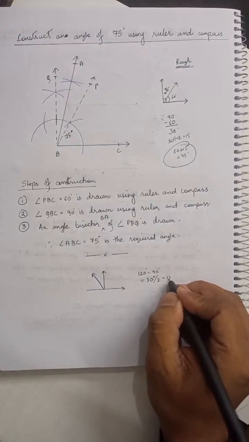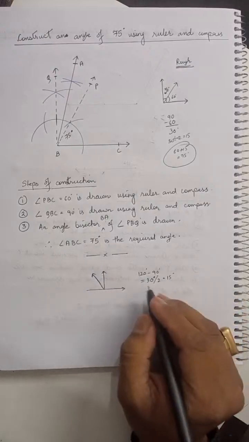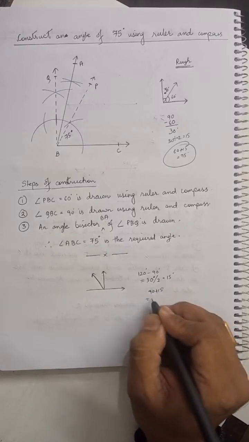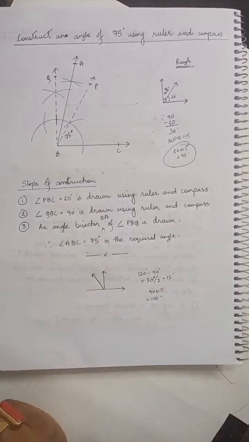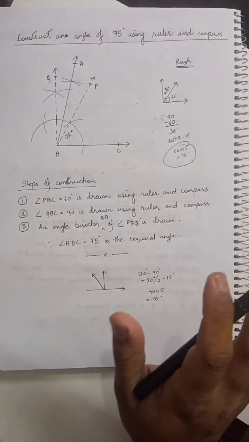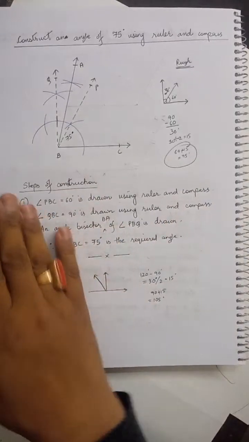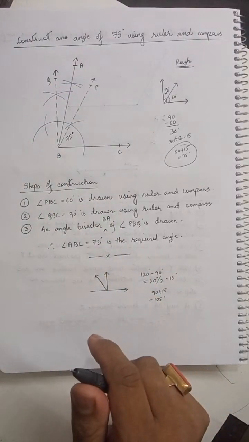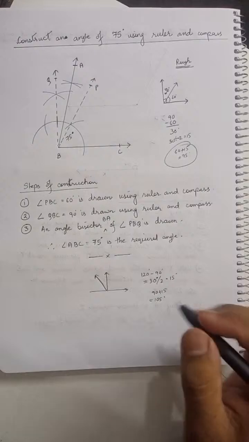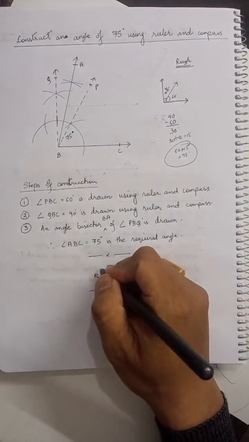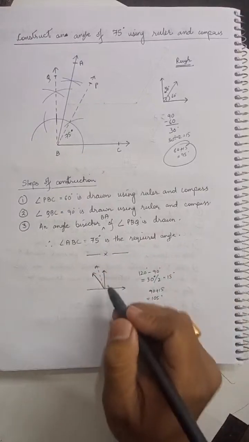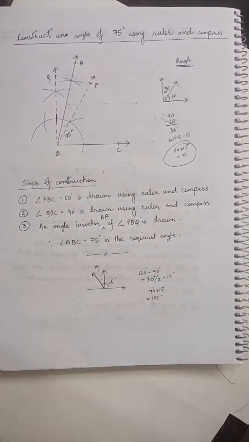It is 15 degree. And if we add 90 and 15, we get 105. So this is basically the same calculation and same construction, but we will be doing it on the other part of the 90 degree. That is the difference. Our diagram will be something of this sort. This will be our 105 degree. Okay, so let's begin.